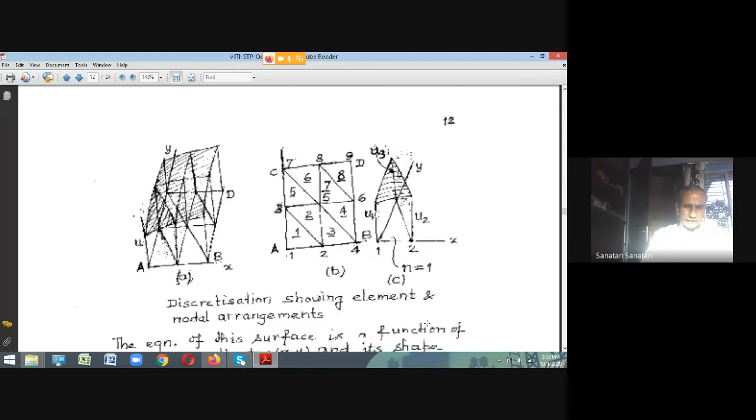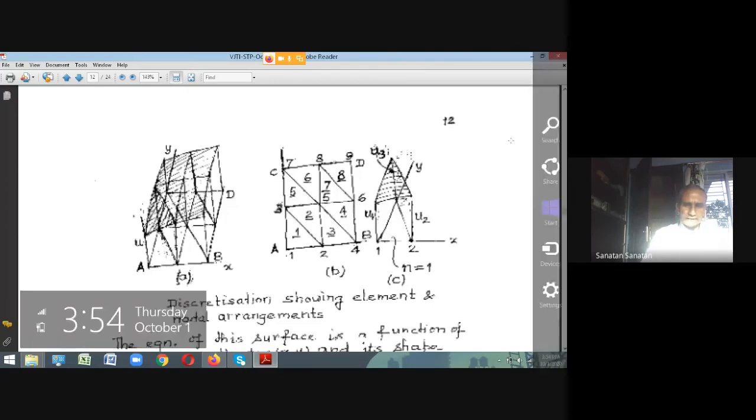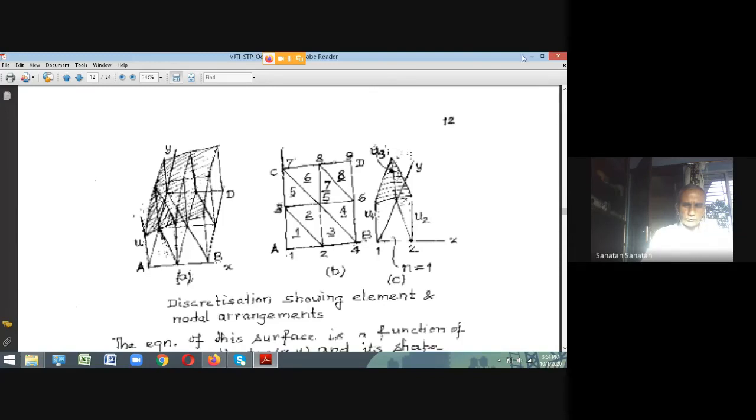This is the triangular element. Its number is 1, n is equal to 1. So that surface, if I just concentrate that portion of the surface which is doubly hatched in the left figure, and on the right figure we have just segregated that portion of the surface above the element n equal to 1 or 1 to 3.